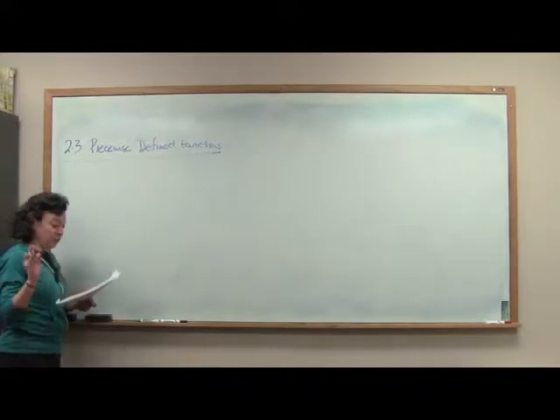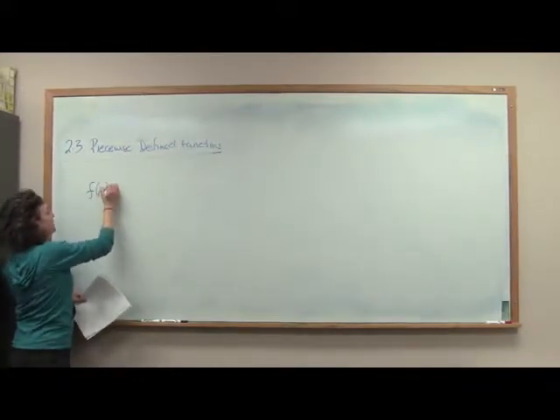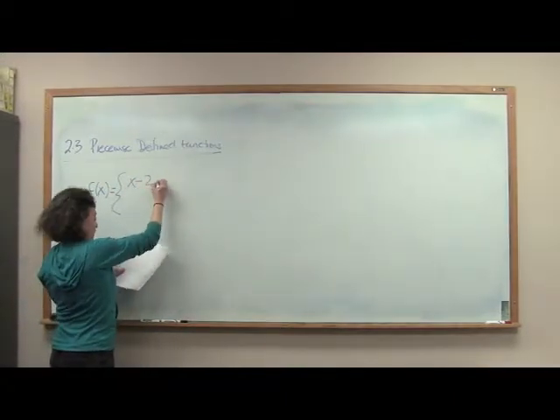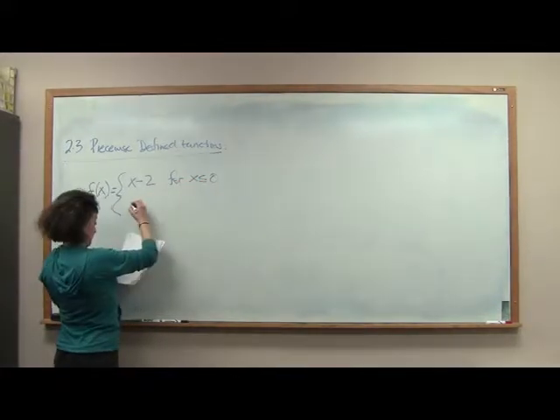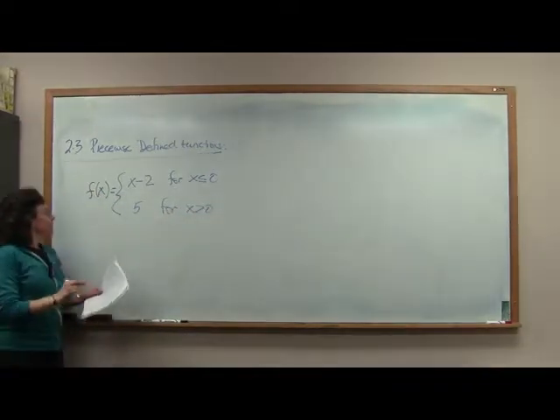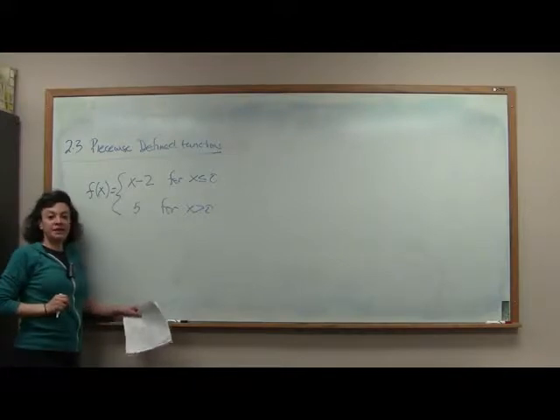All right, so let me just show you an example right from the get-go about what a piecewise defined function can look like. So, here we are. Notice this is our function. It's defined in 2 pieces.